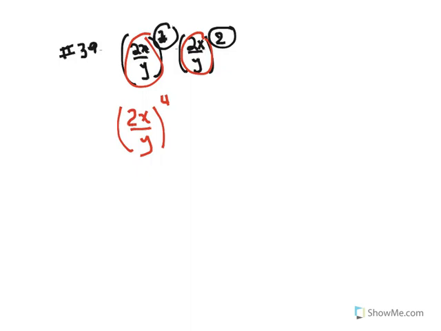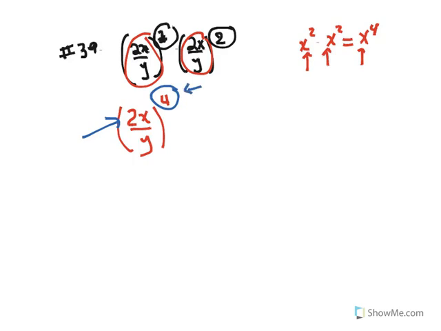Why? Because remember that if you have x to the second times x to the second, you get x to the fourth. As long as the bases are the same, you repeat the base and you add the exponents, okay? So I kept the base, I added the exponents, okay?